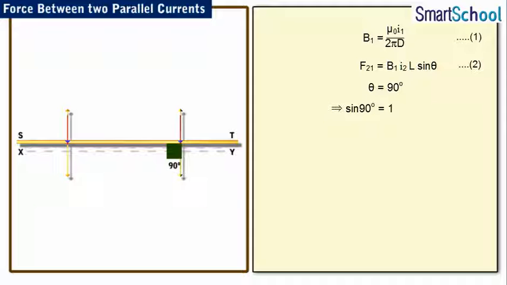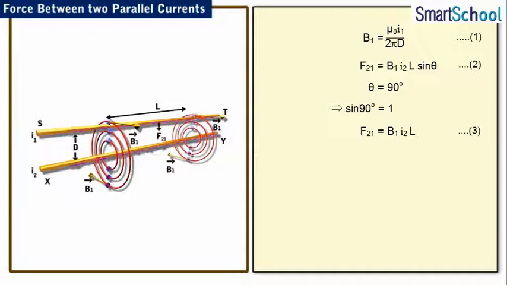Therefore, the force acting on the segment of the conductor ST of length L due to the conductor XY is F21 equals B1 I2 L. Let us label this as equation 3. On substituting the value of B1 from equation 1 in equation 3, we arrive at the expression F21 equals mu naught I1 I2 by 2 pi d into L. Let us label this as equation 4.